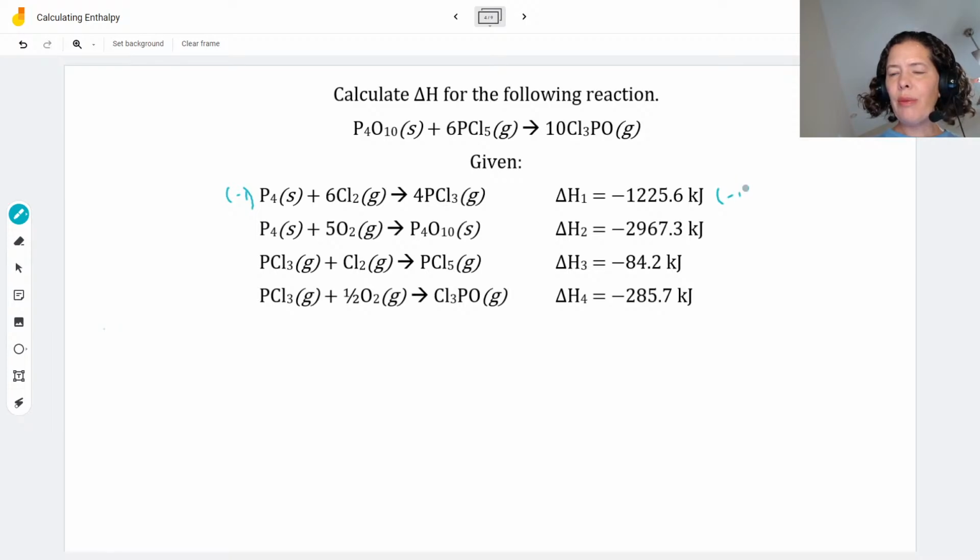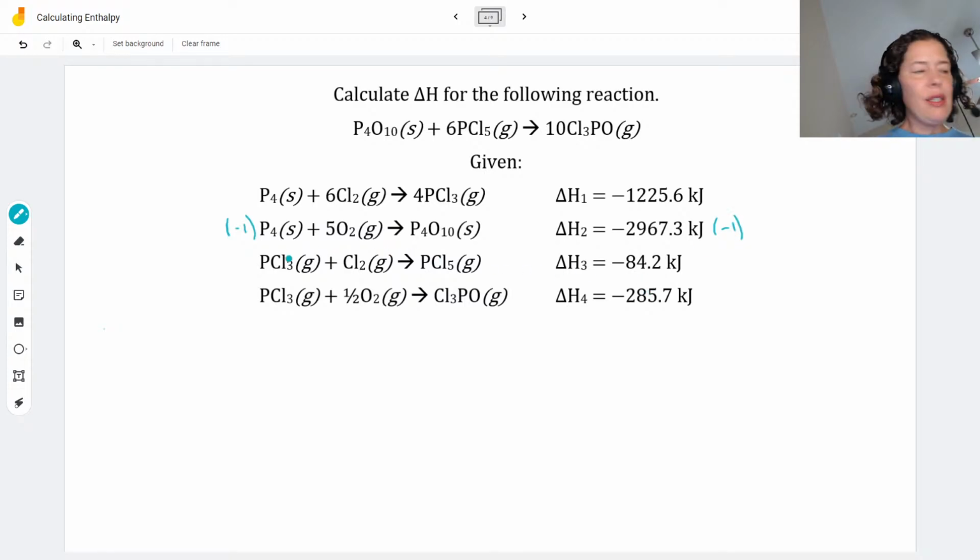And of course that becomes multiplied by -1, and I am going to rewrite this guy. So, oh no, actually, sorry, I'm looking ahead. I'm going to reverse that step. I think this is going to be easier. I'm going to reverse reaction number 2, not reaction number 1.